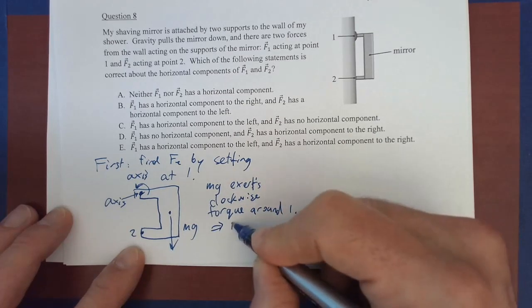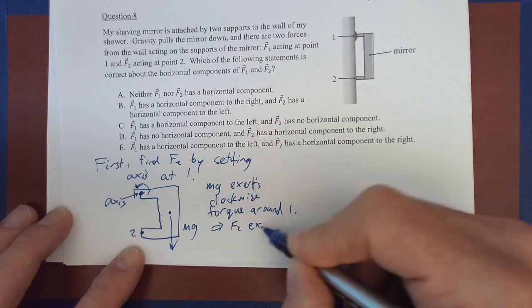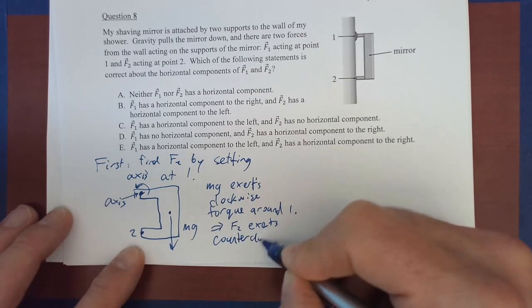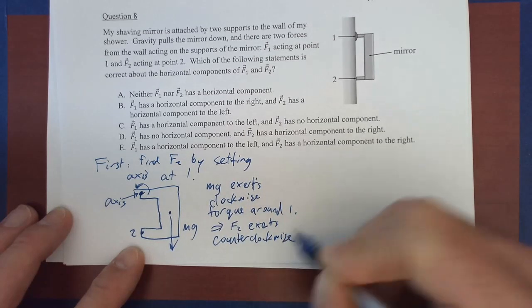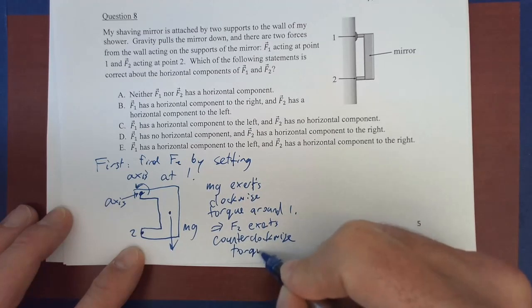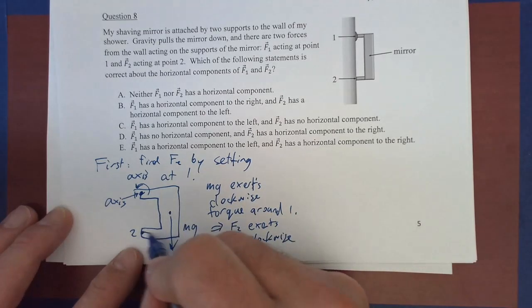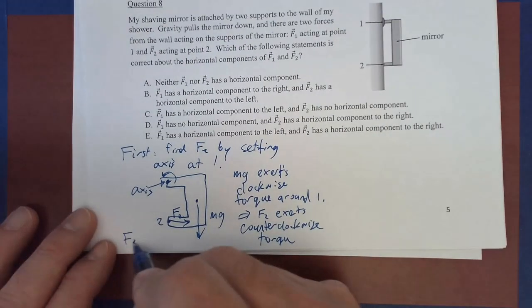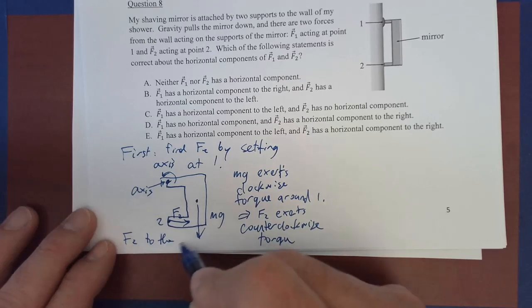So that means that F2 exerts counterclockwise torque. So it's going to have to rotate it counterclockwise, so it's going to have a horizontal component to the right. This is F2. F2 to the right. So that's that.